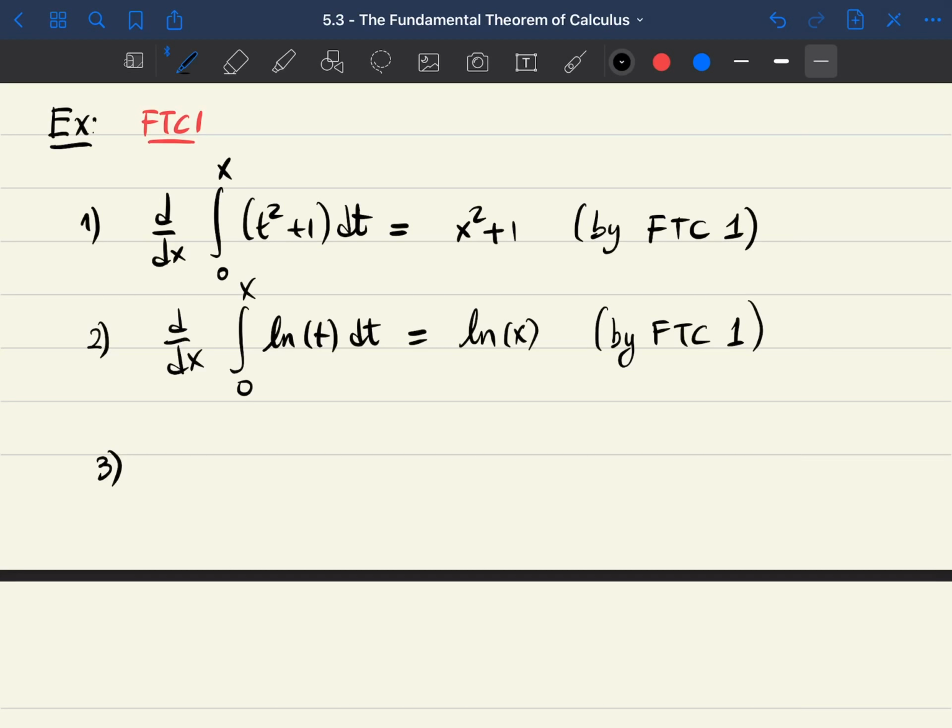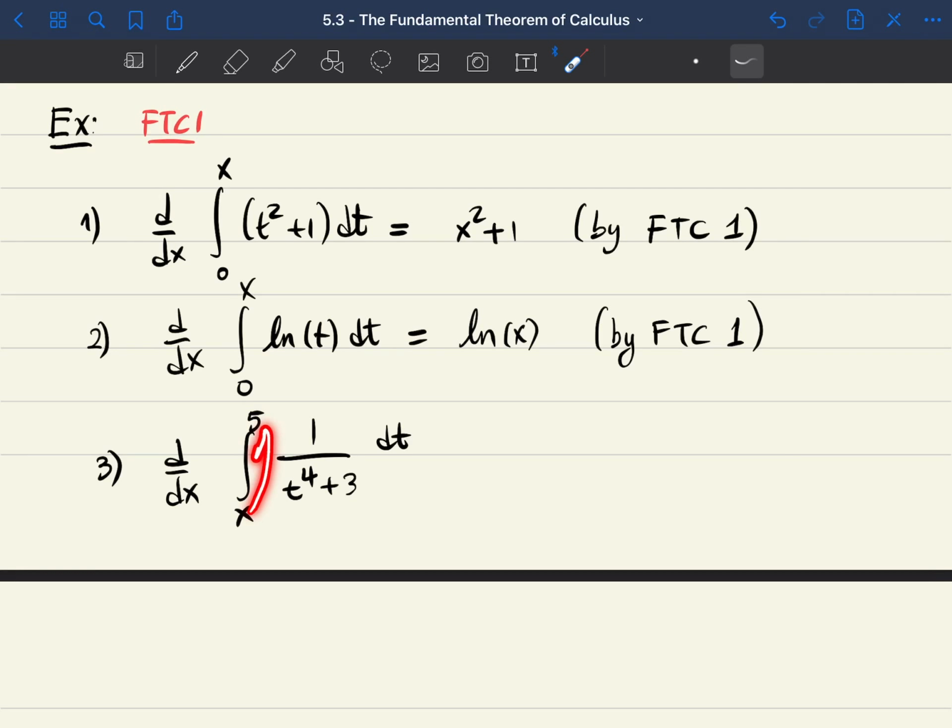So for example, if you have the derivative with respect to x of the integral from x to 5 of 1 over t to the power of 4 plus 3 dt. And the problem here is that x is down here and 5 is up there.